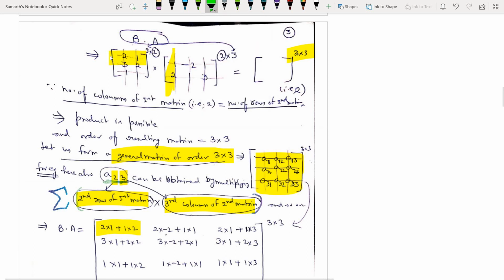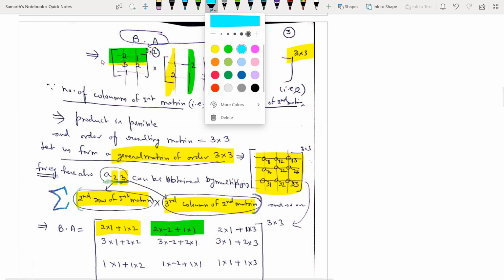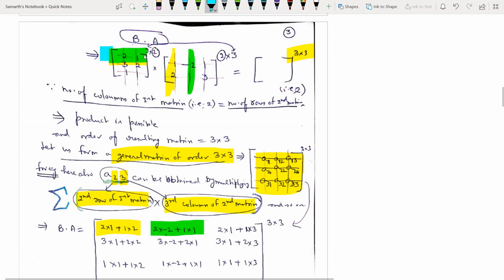A12 means first row of the first matrix multiplied by the second column of the second matrix. So we will get the value of A12. Then A13 means the first row of the first matrix, that is 2 and 1, multiplied by the third column of the second matrix, that is 1 and 3. So we will get the third element.